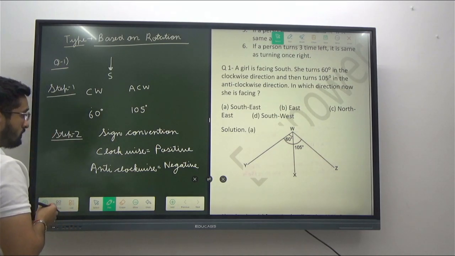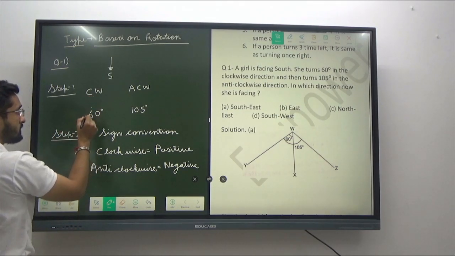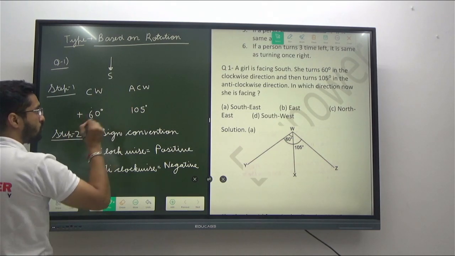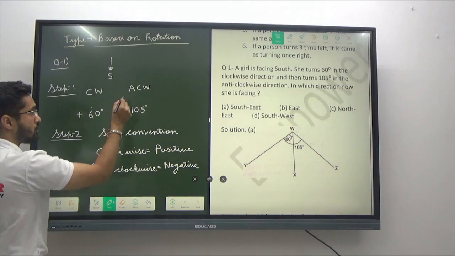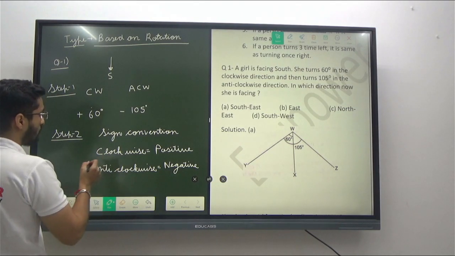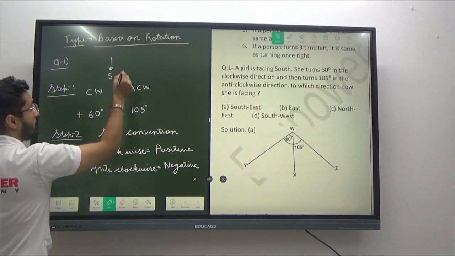So this 60 degrees clockwise rotation, I will take the sign to be positive. This 105 degrees anti-clockwise rotation, I will take the sign to be negative, and then I will compute. So what answer do I get?